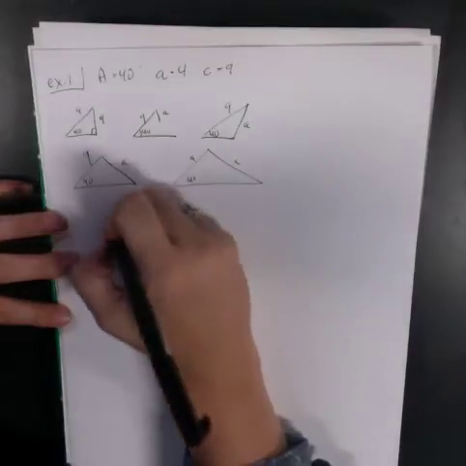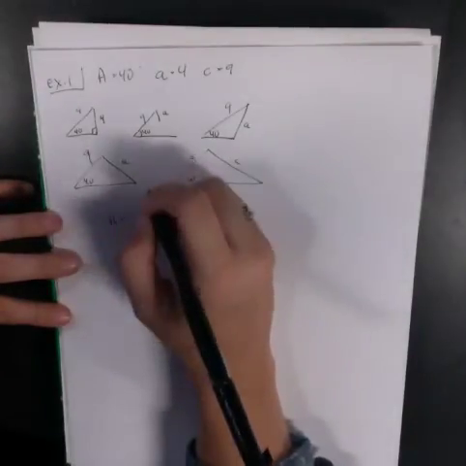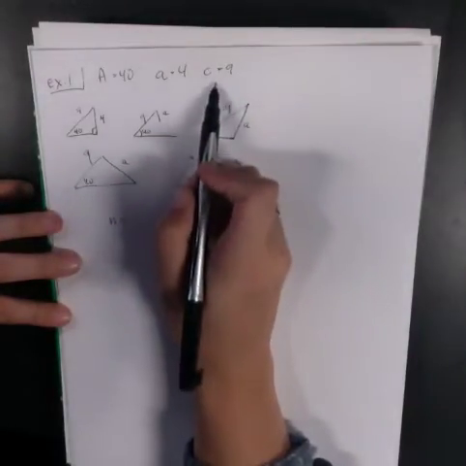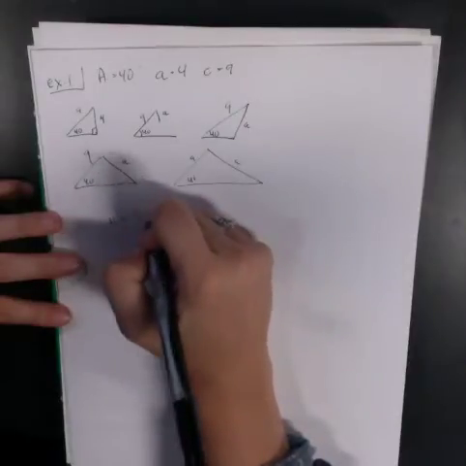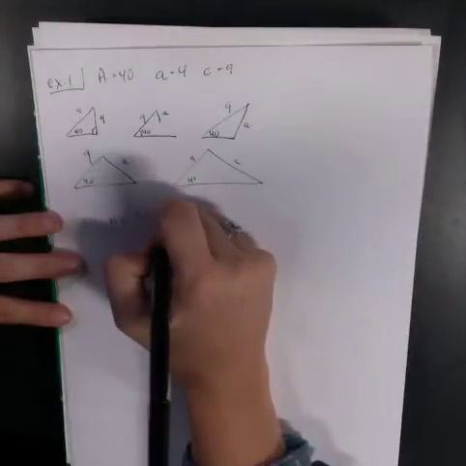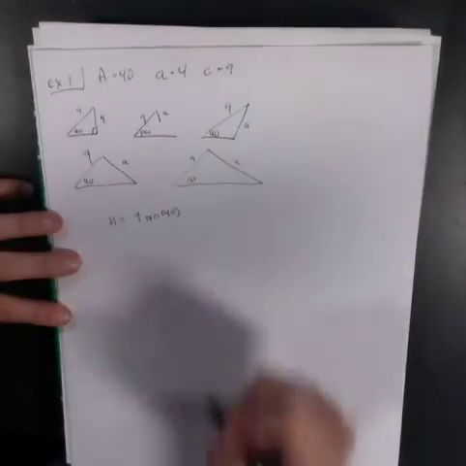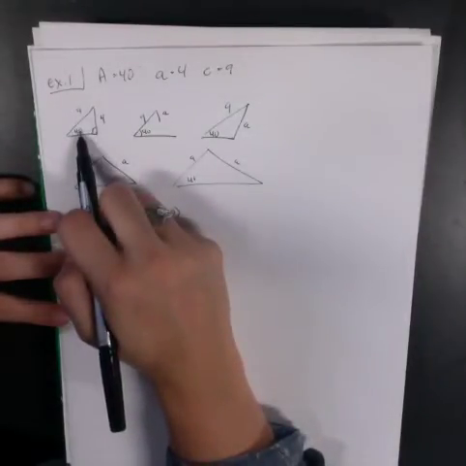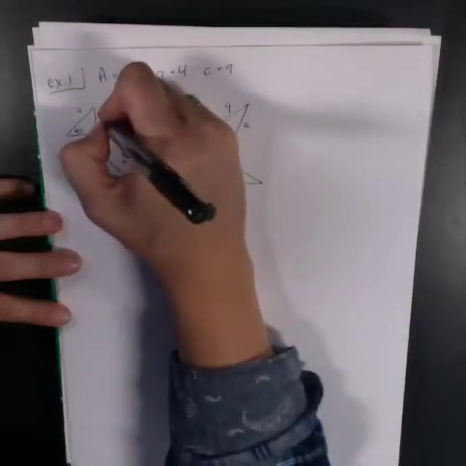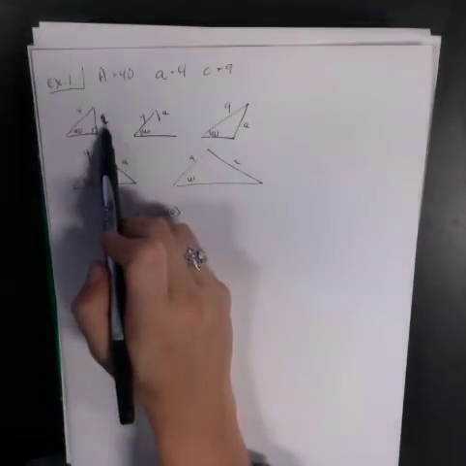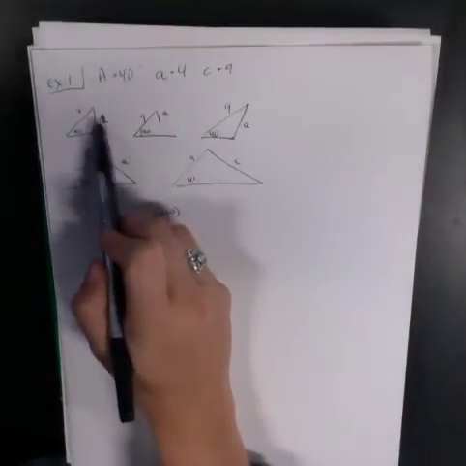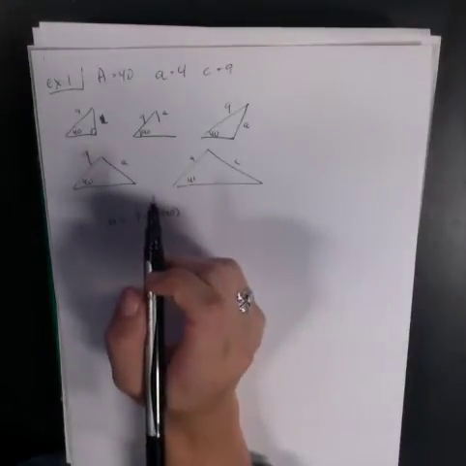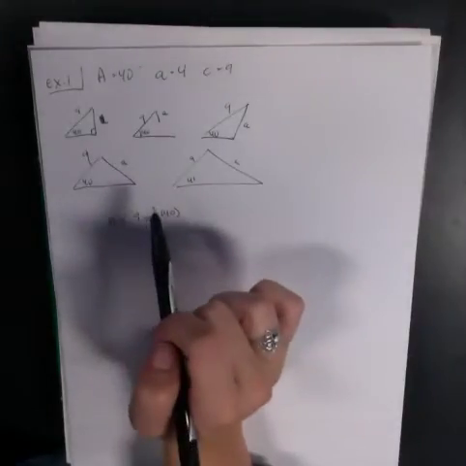Our height is going to be our opposite side, c sine of 40. If I look here, I don't know why I put 4, this should be a. To solve for h, the sine of A is opposite over hypotenuse.